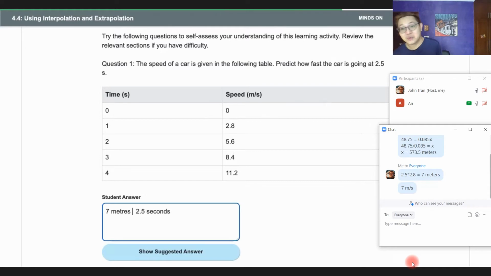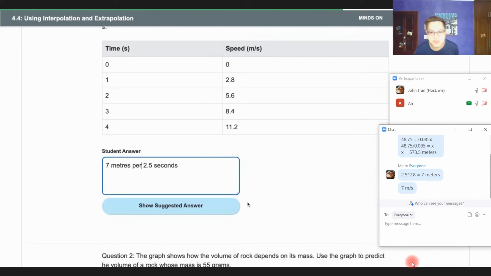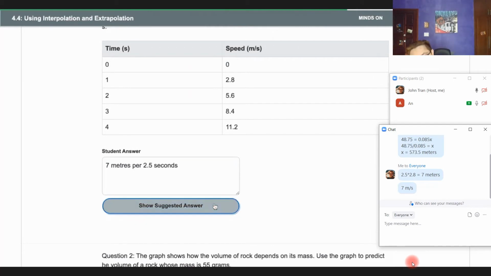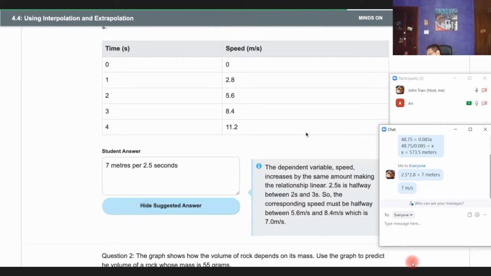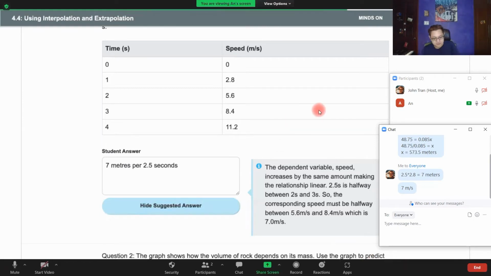So once again, read the question very well. It's 7 meters per second. The dependent variable speed increased by the same amount, making the relationship linear. 2.5 seconds is halfway between 2 seconds and 3 seconds.